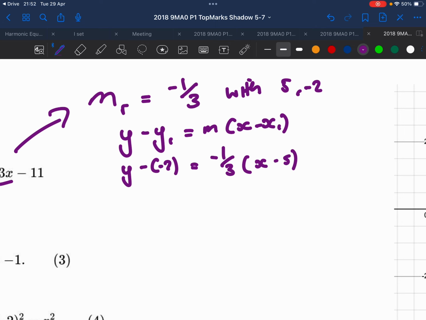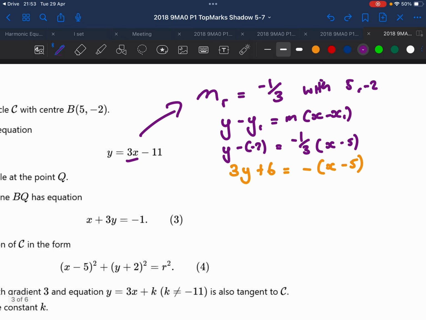A nice trick here would be to multiply everything by 3. So that would give us 3y plus 6 equals minus (x minus 5); the minus a third becomes a minus, and these stay the same. So let's simplify to finish now.